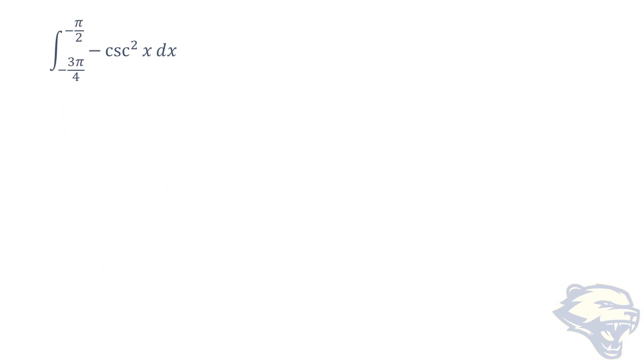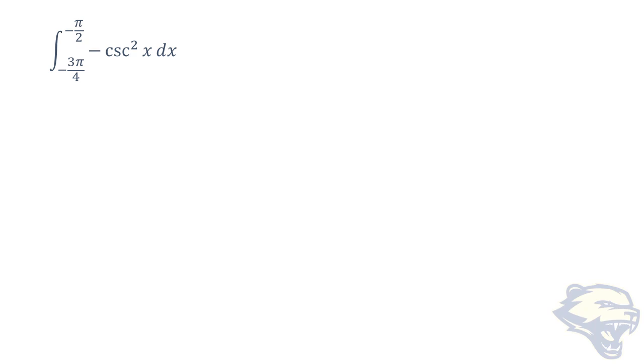All right, getting a little more complicated, right? That's what we do. This is math class. So we've got the definite integral from negative 3 pi over 4 to negative pi over 2 of negative cosecant squared x dx. Cosecant squared comes from cotangent, right?